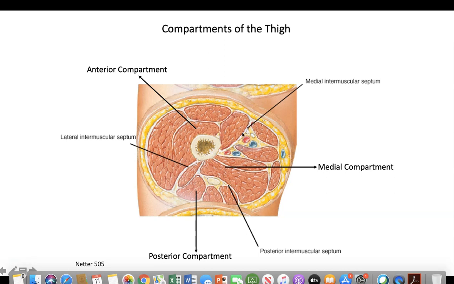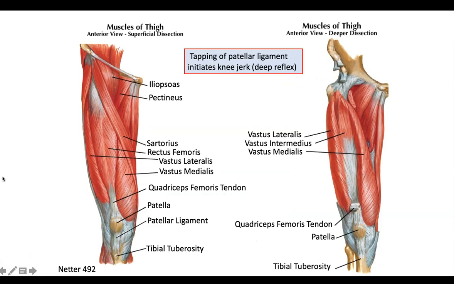So the anterior compartment of the thigh includes these muscles: the iliopsoas, sartorius, and quadriceps femoris.